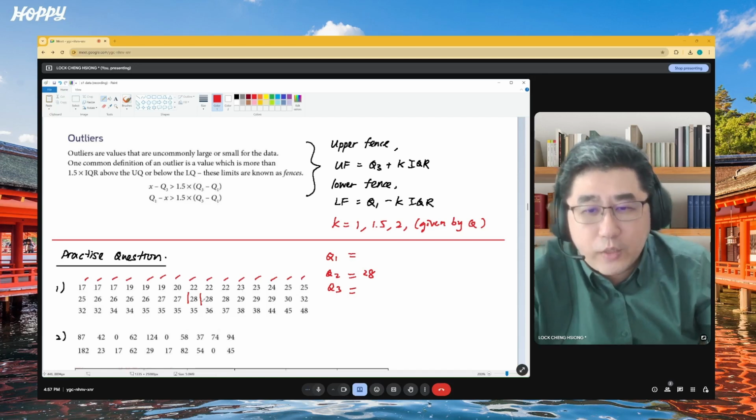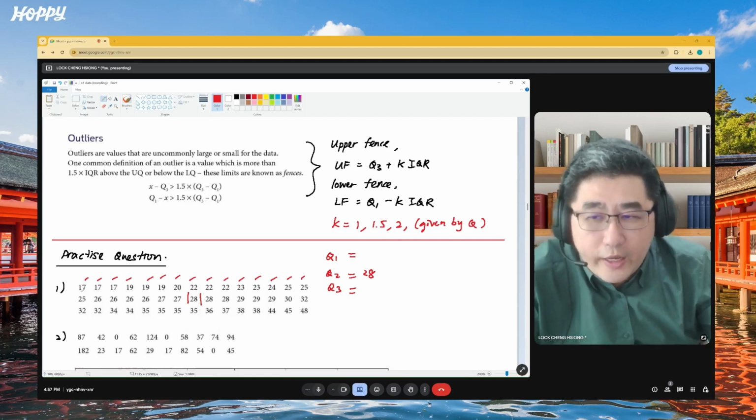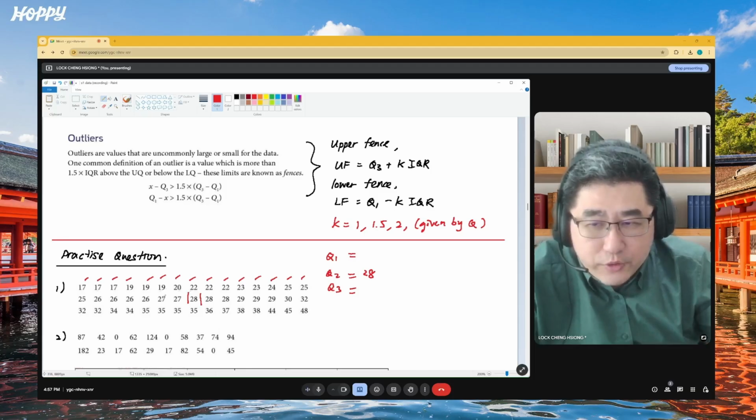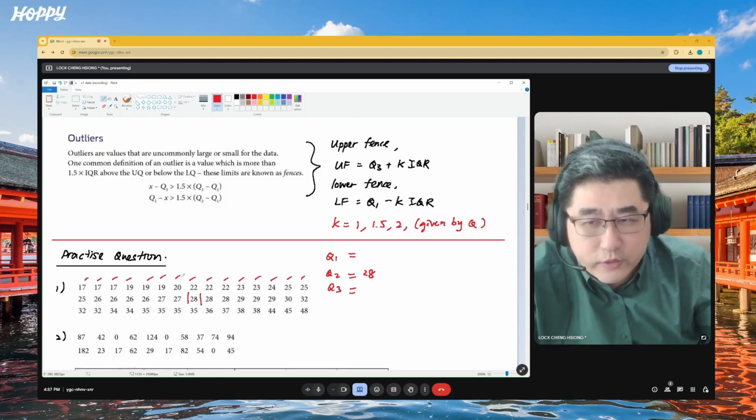After that, I have the bottom 22 numbers. 22 divided by 2, I got 11. So I count 11 numbers here. 1, 2, 3, 4, 5, 6, 7, 8, 9, 10, 11.